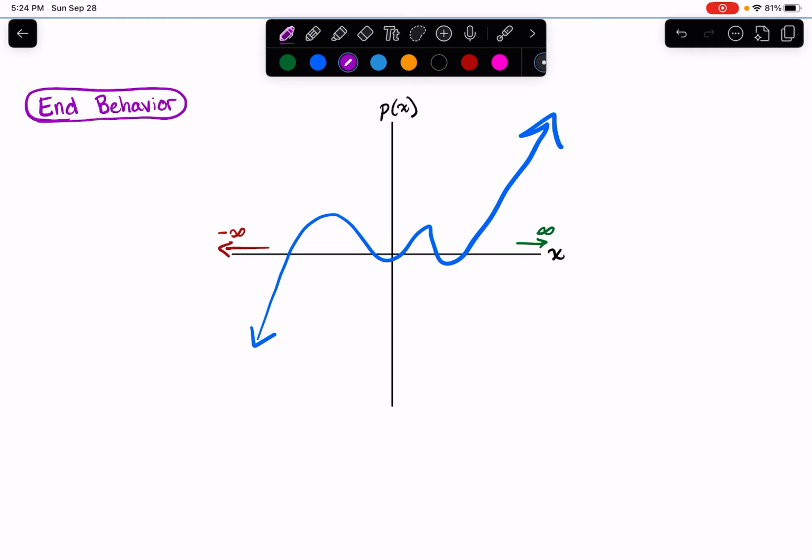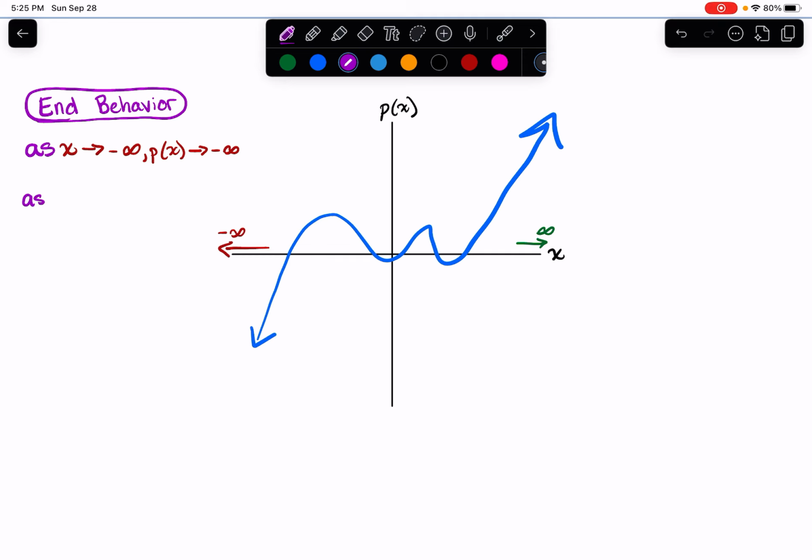For this one, we would say as x approaches negative infinity, so as we go to the left, the polynomial itself, p of x, is headed down. It's also headed to negative infinity. So that tells us what's happening on the left side of the graph. But we also need to describe the right side.